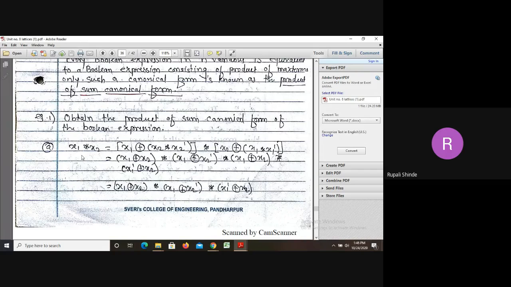Now we have to write it in the form of product of sum. We just connect all these three max terms by the star operation. So this is the required product of sum canonical form, or PCNF, for this given expression. Now compare the result we got by truth table and by algebraic method, whether it is the same.